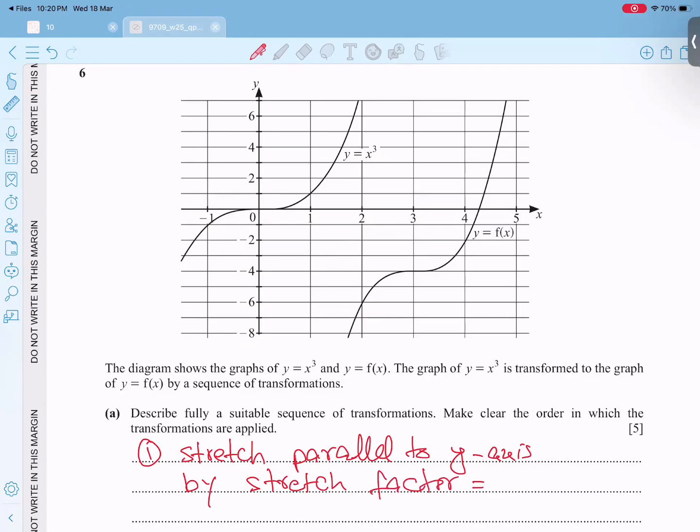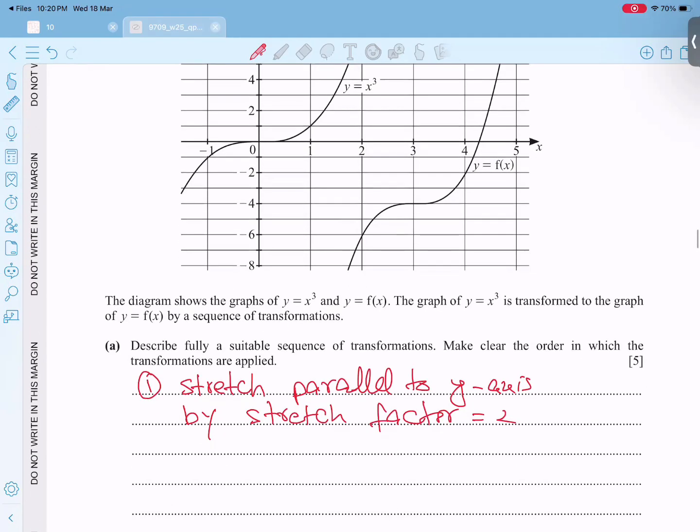This is very clear. When it is done, it means I have moved it 3 units and 4 downwards, so 3 and 4. Number 2 is a translation by the column vector, 3 to the right and 4 downwards. I think the point is very clear. So we have done it.